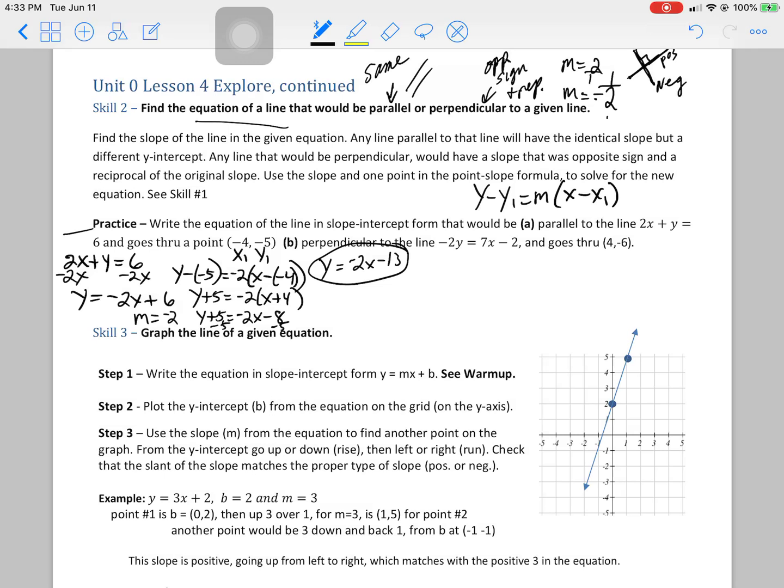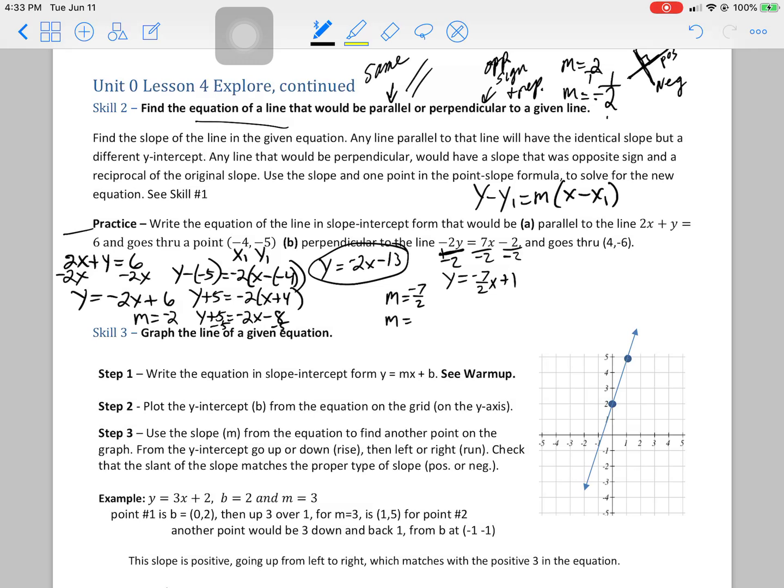The next one, for B, says perpendicular to this equation here. So you can't tell what the slope is of this one, so let's divide by negative 2 properly to get the y alone and find out that this is an equation of a line that has a slope that is negative 2 over 7.